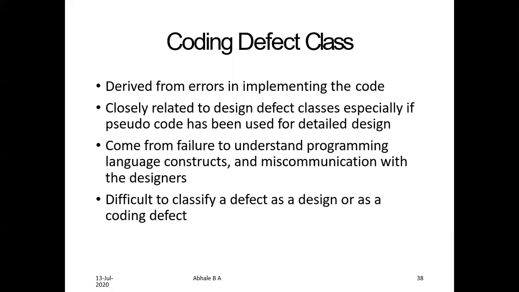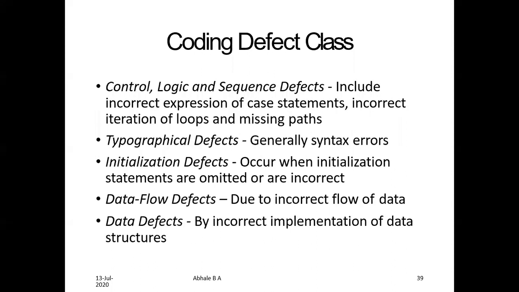Okay. So whichever defects occur in your design will automatically go into the coding defects. Okay. So coding defects include initialization defects, then typographical defects, syntax error, data flow defects, control logic and sequence defects.